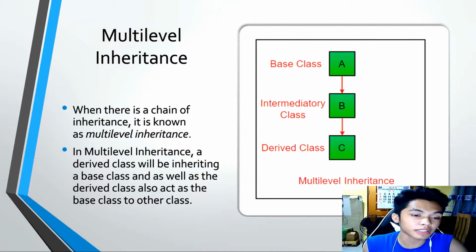In multi-level inheritance, a derived class inherits a base class, and the derived class also acts as the base class to another class.